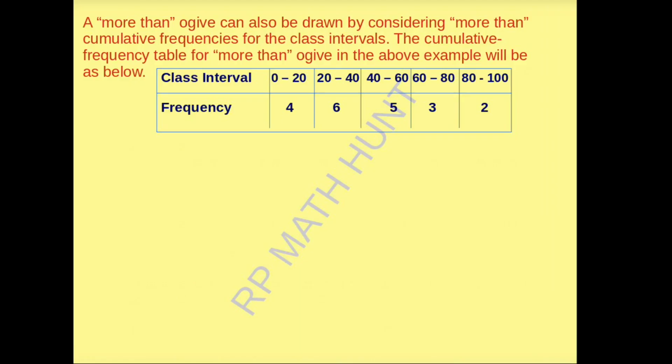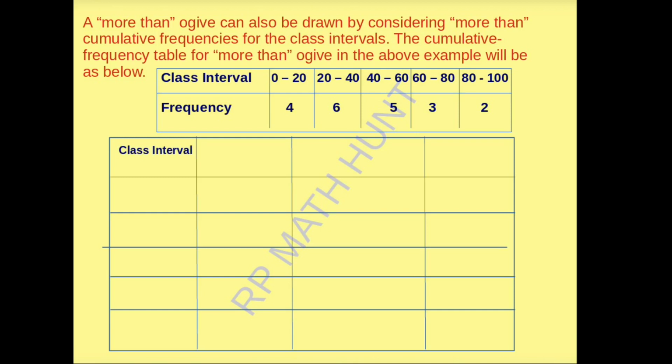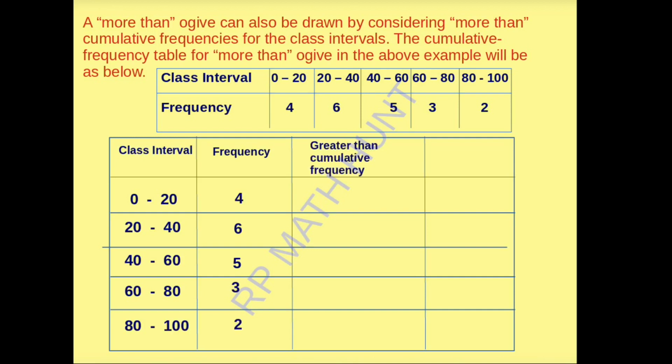A more than ogive can also be drawn by considering more than cumulative frequencies, or greater than cumulative frequencies, for the class intervals. The cumulative frequency table for the more than type ogive in the above example will be as below. Class interval 0-20, 4, greater than cumulative frequency 20; 20-40, 6, 16; 40-60, 5, 10; 60-80, 3, 5; 80-100, 2, 2.